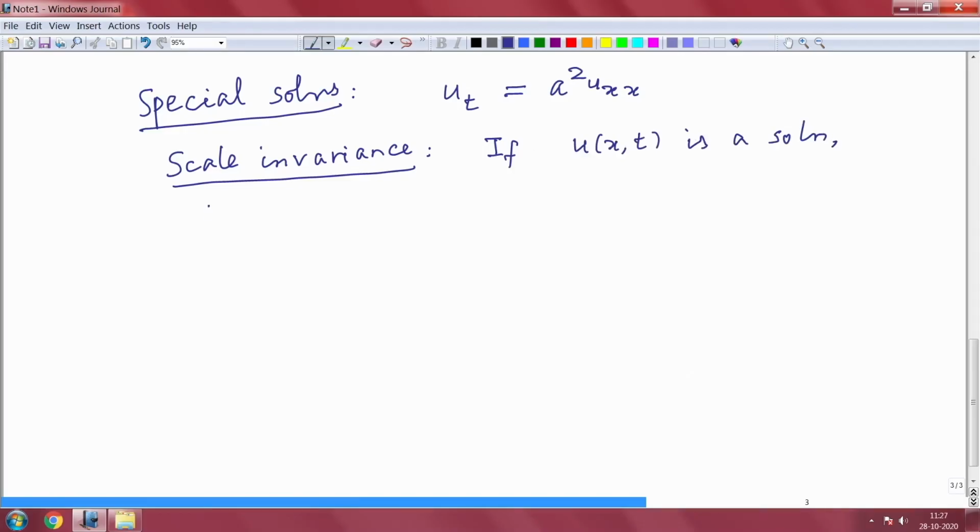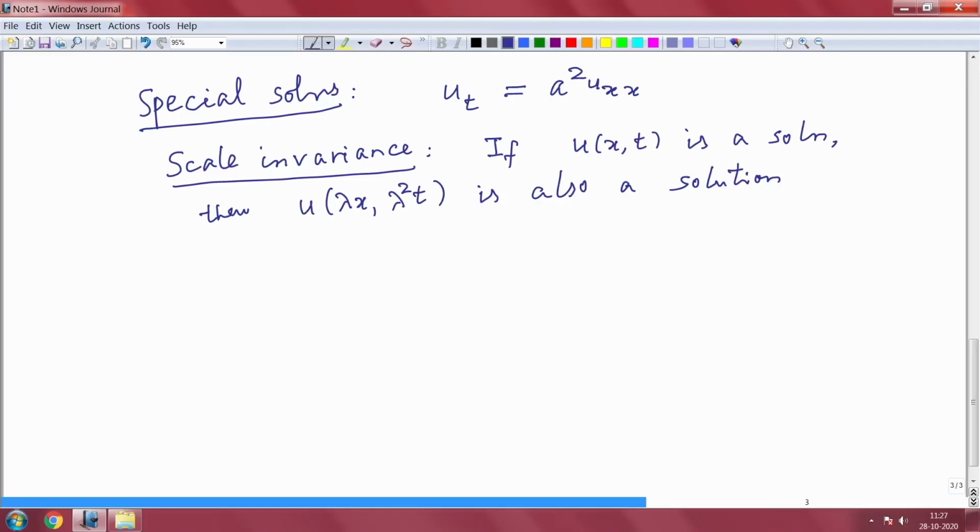then u(λx, λ²t) is also a solution. This easily follows by direct differentiation.